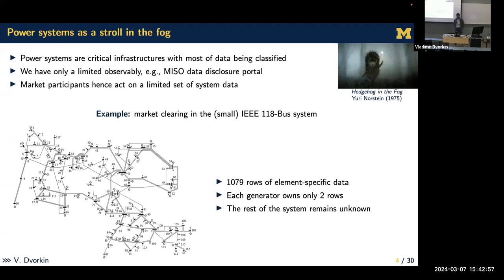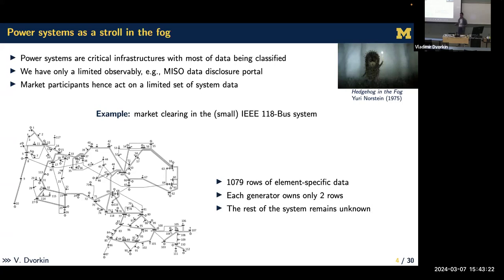Every generator here owns only 2 rows out of more than 1,000 rows in the data set, and this is basically how much the generator knows about the system. They can have side knowledge, some general understanding of the system, but specific parameters of transmission lines or load consumption are not available to a generator.